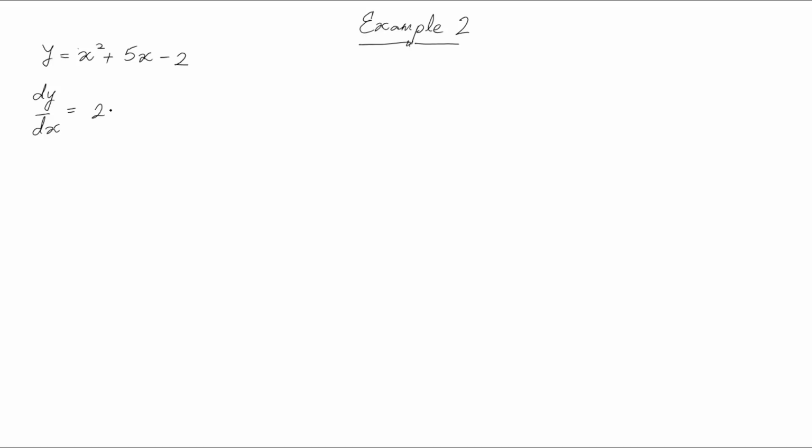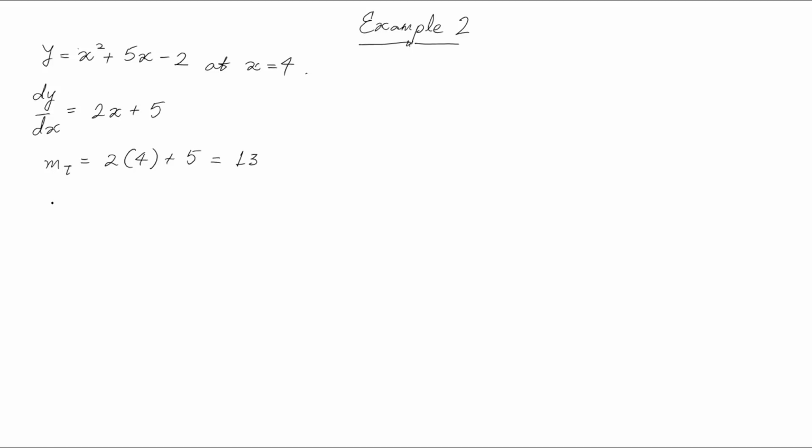So this is going to be 2x plus 5, a very simple one. And to find the slope for the tangent line, it's given that this one is at x equal to 4, only missing the y value. So we can substitute the 4 over here and get the value for mt. So this is the slope for the tangent line.